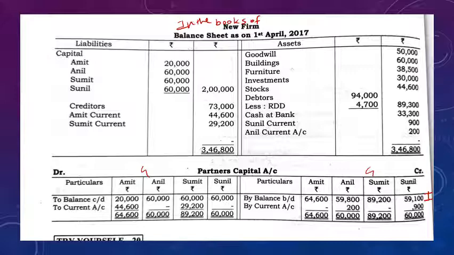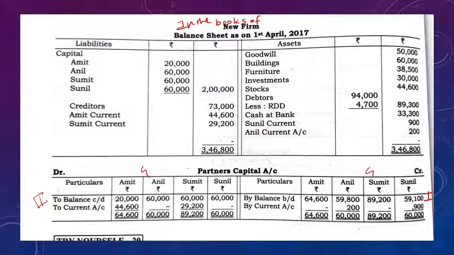Now let us come to Sumit's capital. Sumit's credit side amount is 89,200. See, the debit side amount is 60,000. So credit side is heavier. So write the total here, 89,200. Copy this total on the debit side. Now find out the difference.